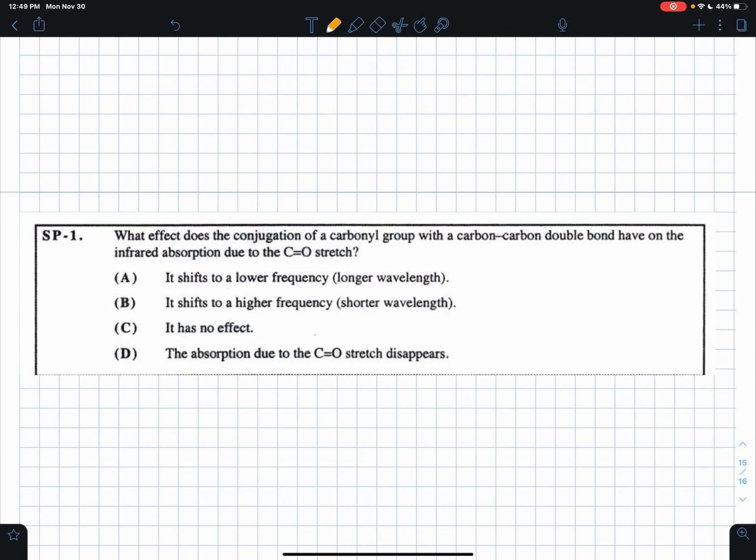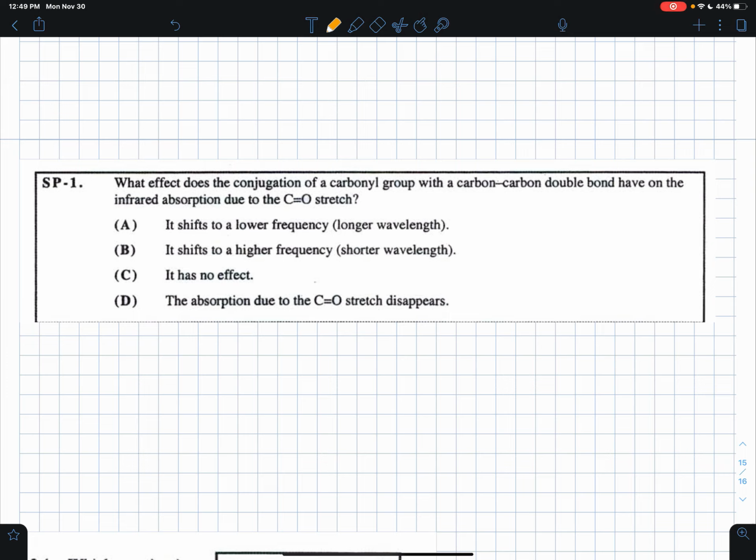Alright, so let's move on. So what effect does the conjugation of a carbonyl group with a carbon-carbon double bond have on the infrared absorption due to the C double bond O stretch? So when we're talking about conjugation, I'm just going to draw an example.